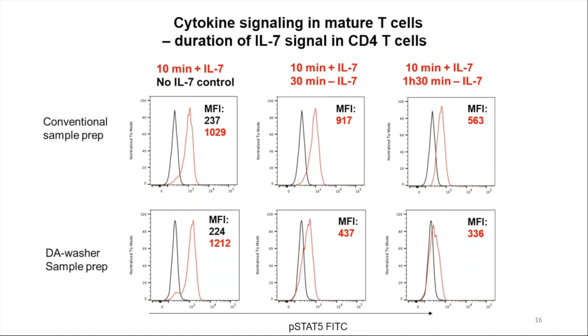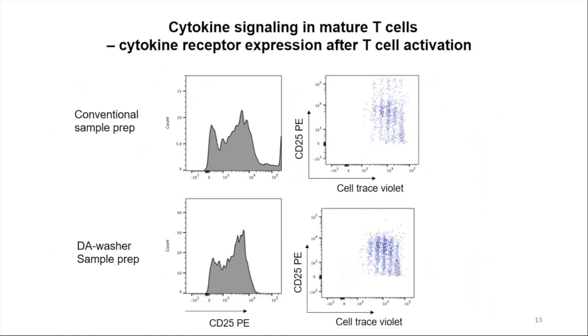And there is one more thing. In some cases you do get lower MFI if you use the DA plate washer, such as in this pretty horrible staining. This is exactly the same antibody, exactly the same cells, so you can actually get lower MFI with the DA washer sample prep, but this is definitely a real staining, unlike this one.